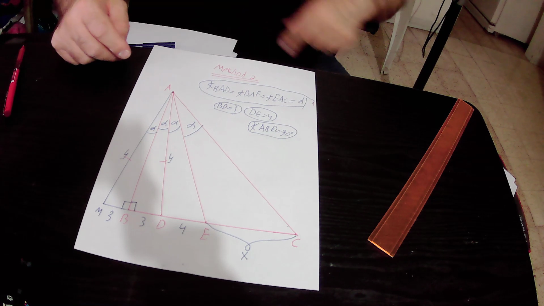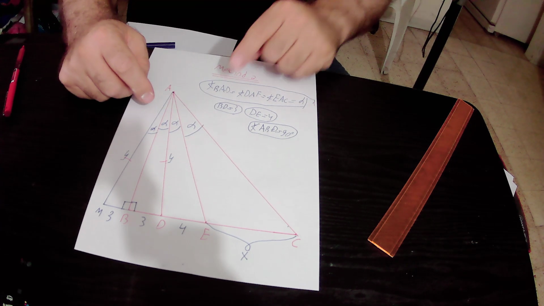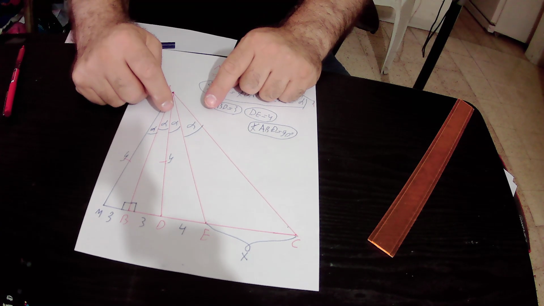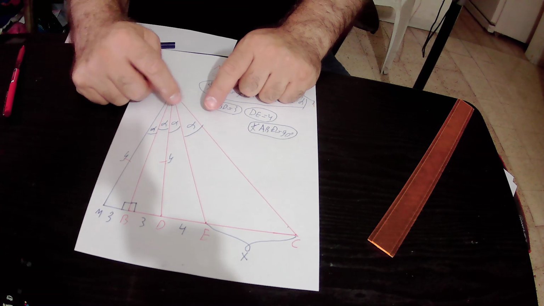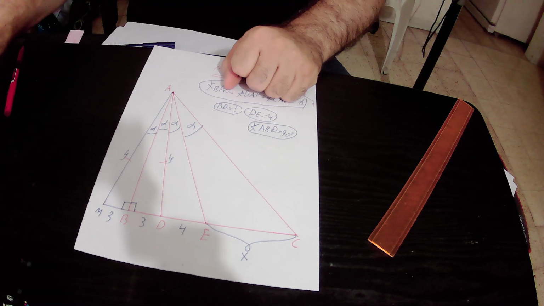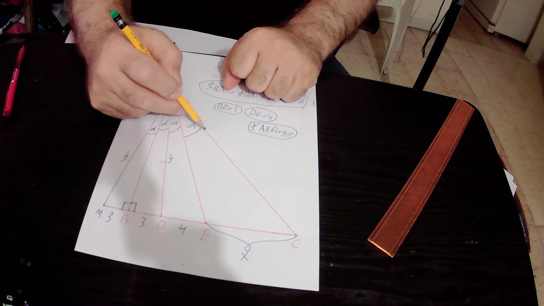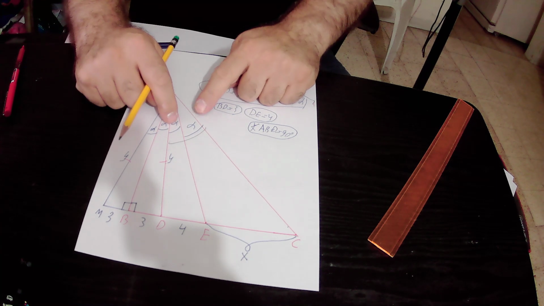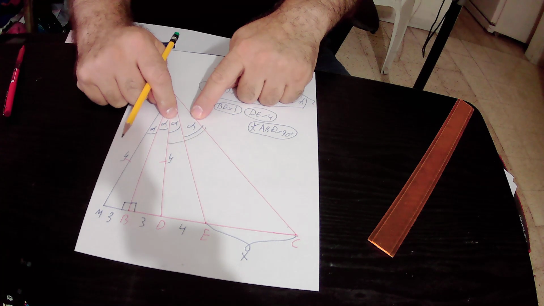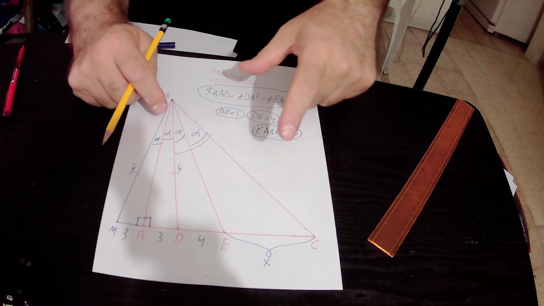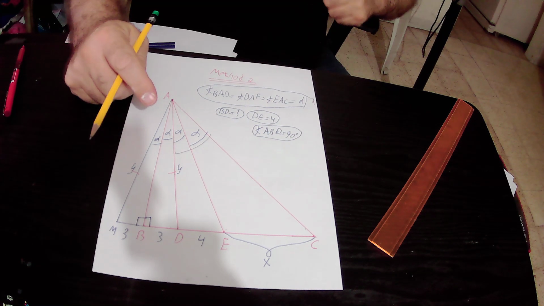AE is angle bisector because it divides angle DAC, this angle, into two equal parts, alpha and alpha. Therefore, AE is angle bisector in triangle ADC.